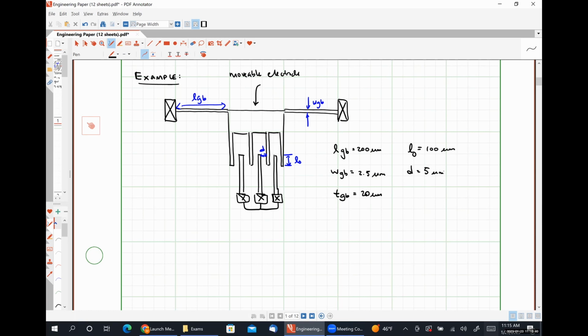Our gap between fingers is 5 microns. The height of our fingers will also be 20 microns. Let's say that there are 200 fingers for this system and that it is made of polycrystalline silicon using a surface micromachining process, so that we have a Young's modulus of 120 gigapascals.